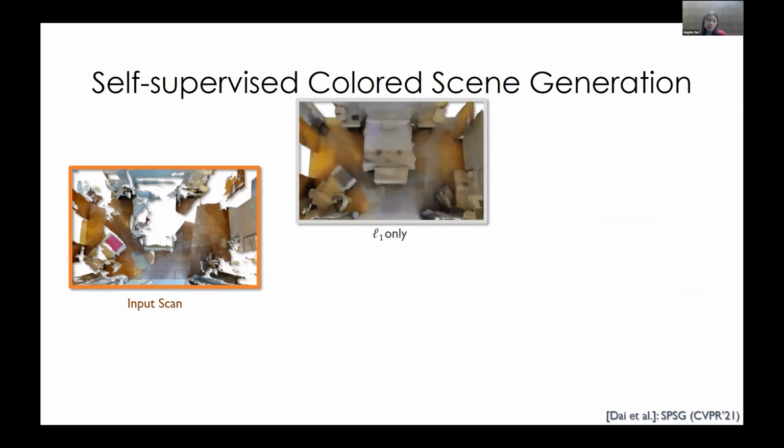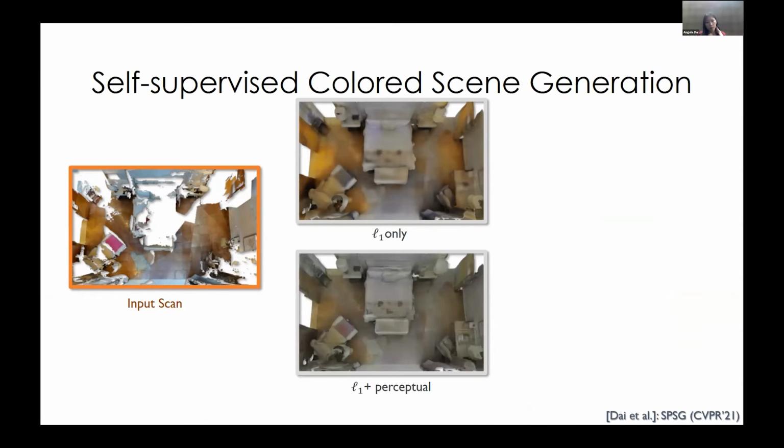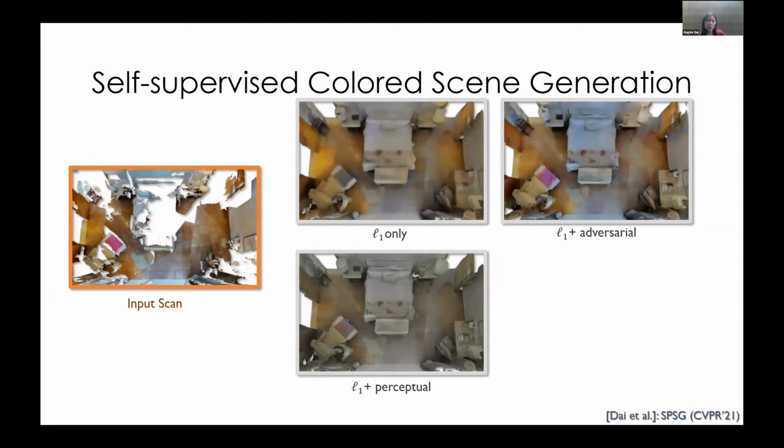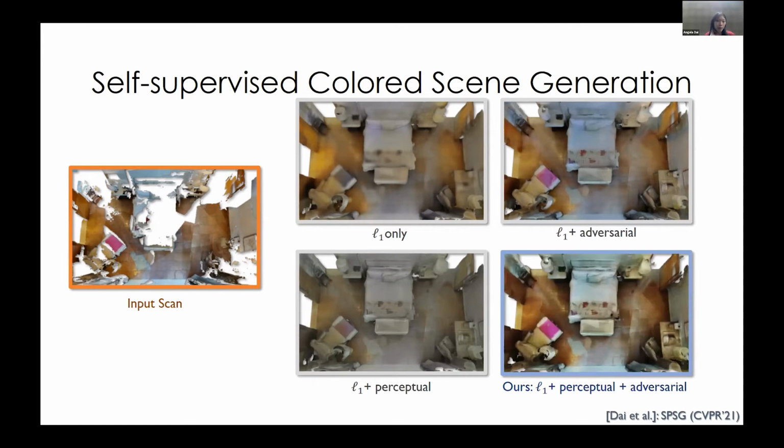You can see this very much tends towards brown and beige in terms of the walls and floors. And now we can add a perceptual loss with respect to the color images, and you start to get back some finer scale detail in the output generation. And then with an adversarial loss, we get back some of the color distribution that matches the original color that's being observed. And then finally, when we combine them all together, we can get a nice colored reconstruction of the input observed scene.